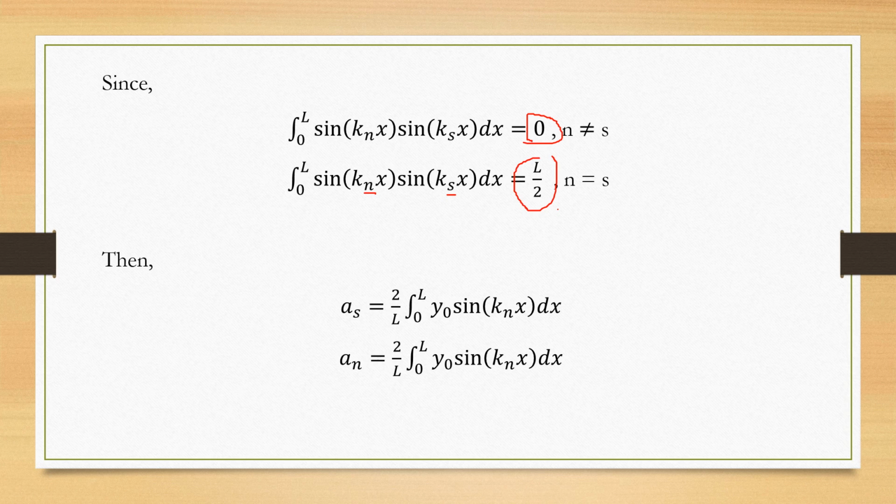Then we need to rearrange these equations from the previous equation. So a_s will come out as 2 over L times the integral, and we substitute s back to n.